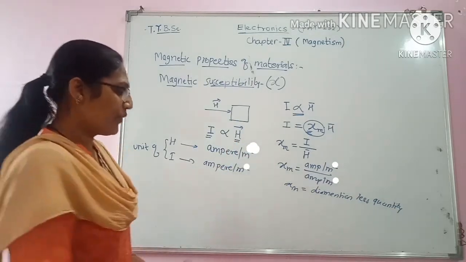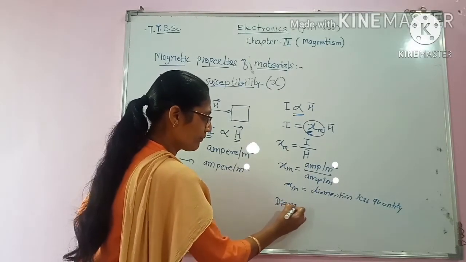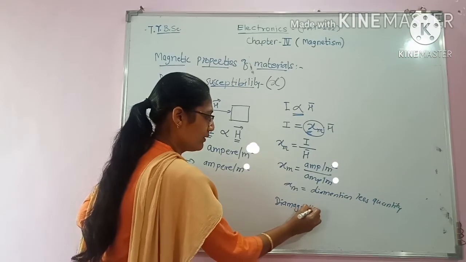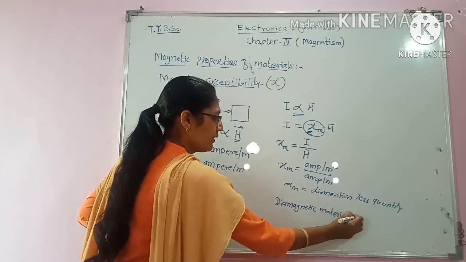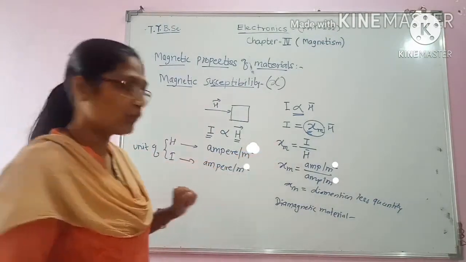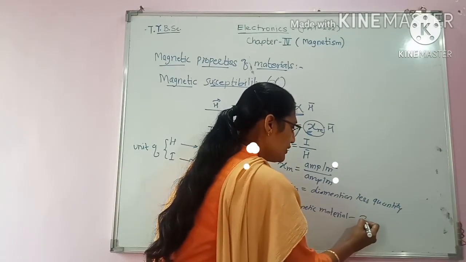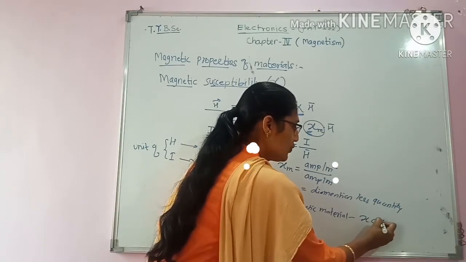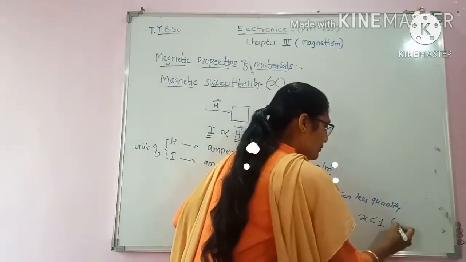For example, when we consider a diamagnetic material, its susceptibility value is negative, that is, less than 1.